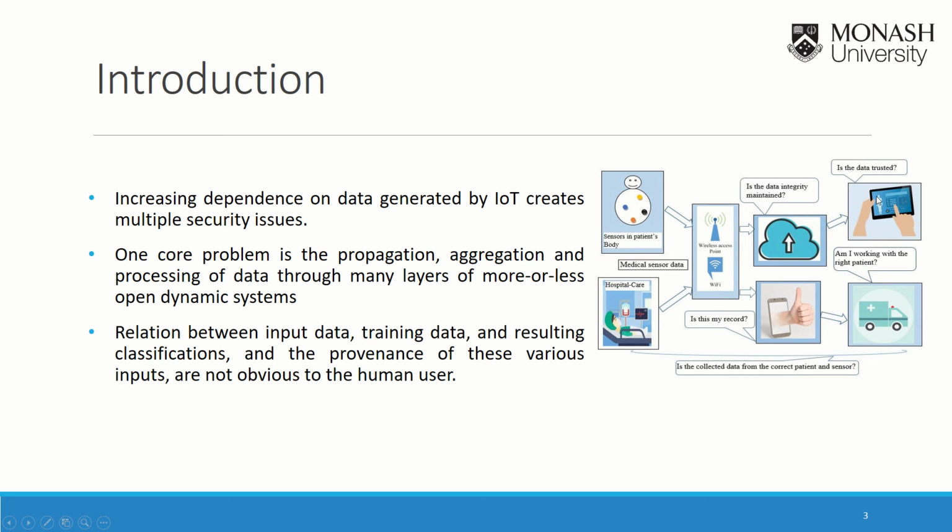So if you think about this, this is an IoT health scenario. The sensors are in the patient's body, and also the patient can be in hospital care. So this represents a sensing layer in IoT health structure, and then in a three-layer structure of an IoT health, the second layer is the network and data processing layer.